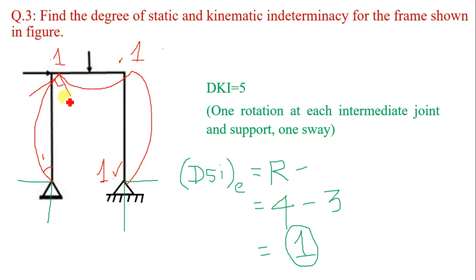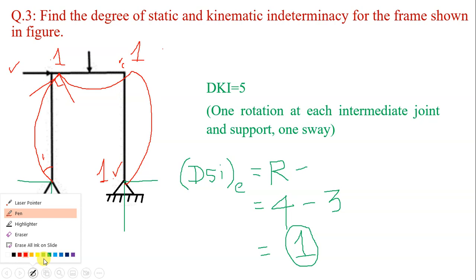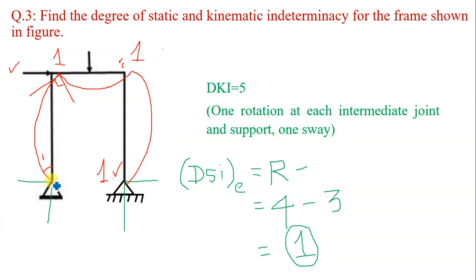Four rotations are there. Plus this frame is subjected to sway because of this horizontal load. So side sway is there. Suppose this is point C. Point C will move to a new position C dash. Here I will draw a figure for better understanding.